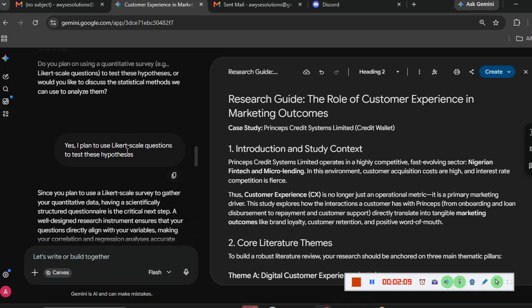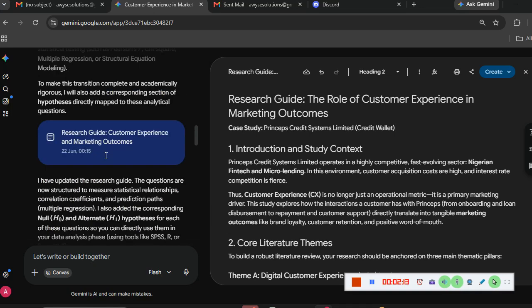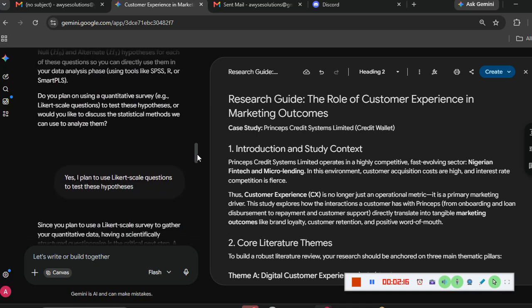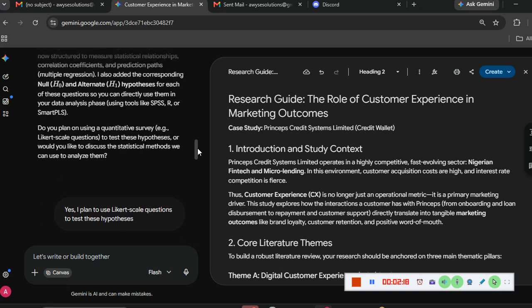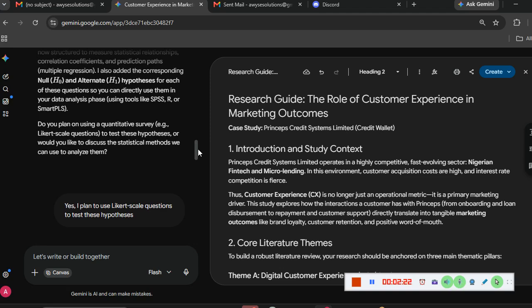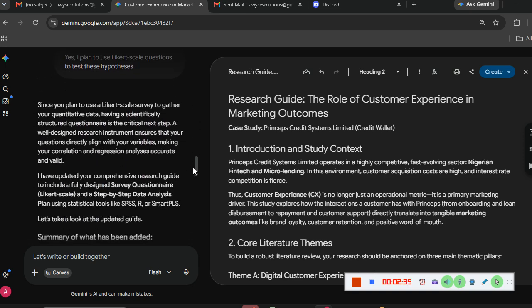So when it did that, it asked me whether I would like to use Likert scale questions to test the hypothesis, which obviously is the most preferred style for questionnaires. Using Likert measures for a questionnaire is the most preferred, even up to PhD level.